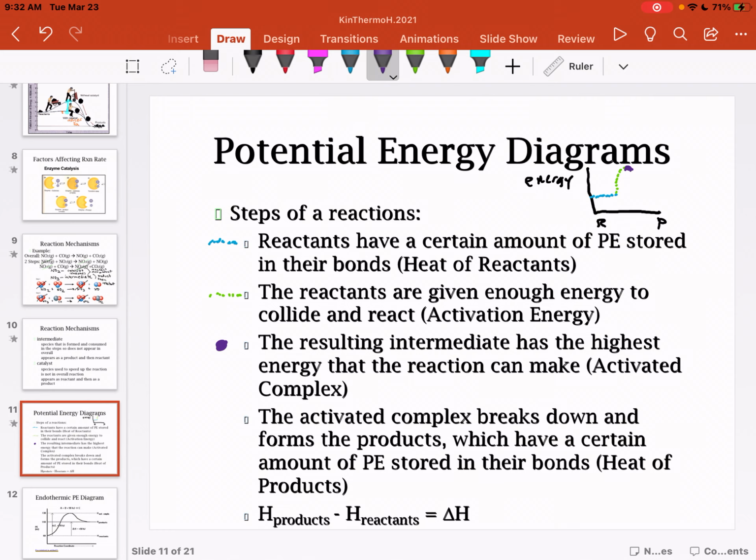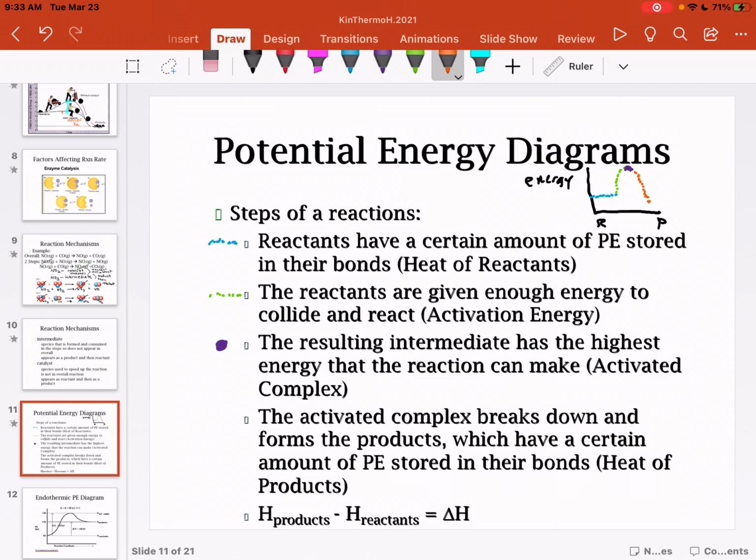Then what do we know? That activated complex is going to start coming together and forming the bonds for products. And so as I take a look here, I can start forming the bonds, and we know that's going to involve a release in energy, and then we can get our products from there.